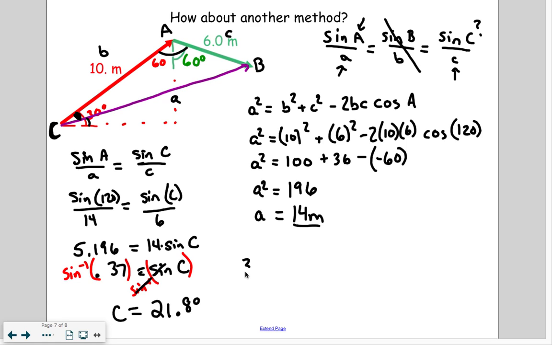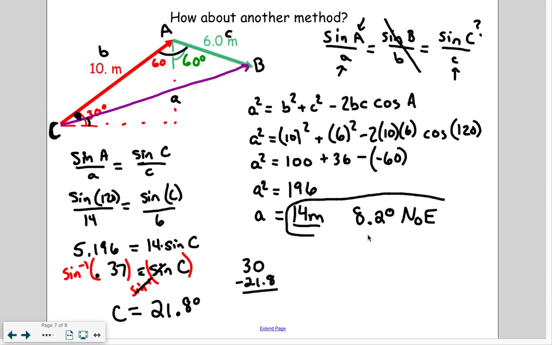So what I would do is just take 30 minus 21.8. So I'm going to take 30 minus that answer I just found, which comes out to 8.2 degrees, and I'd be going over east and then going over north, so this is north of east. And that would be my final answer.